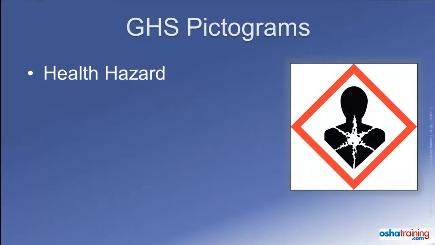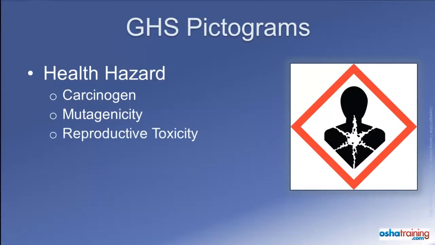The health hazard pictogram identifies toxic chemicals and products that can cause health problems over a long period of time, such as carcinogens, which can lead to cancer, mutagens, which can cause alterations in your DNA and affect your offspring, reproductive hazards, which could affect the ability of men and women to have healthy children, respiratory sensitizers, which could cause you to have an allergic reaction when exposed to that chemical at even low levels after you have had an initial overexposure.